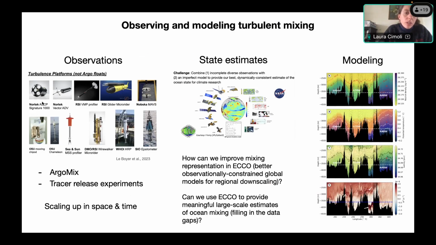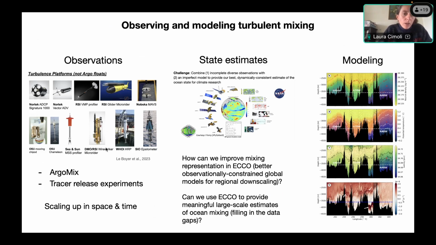However, when it comes to observations, we now have different platforms to locally observe mixing. This is taken from a paper by Arnaud Le Boyer and Nicole Couto and collaborators, which pushed for turbulent fluxes to be recognized as essential ocean variables, given the important role they play in both the circulation and tracer distribution.